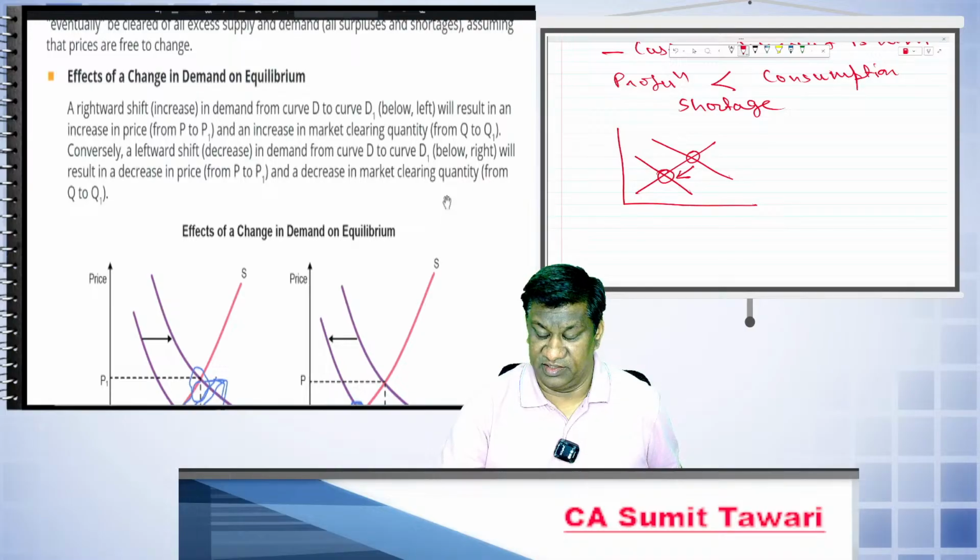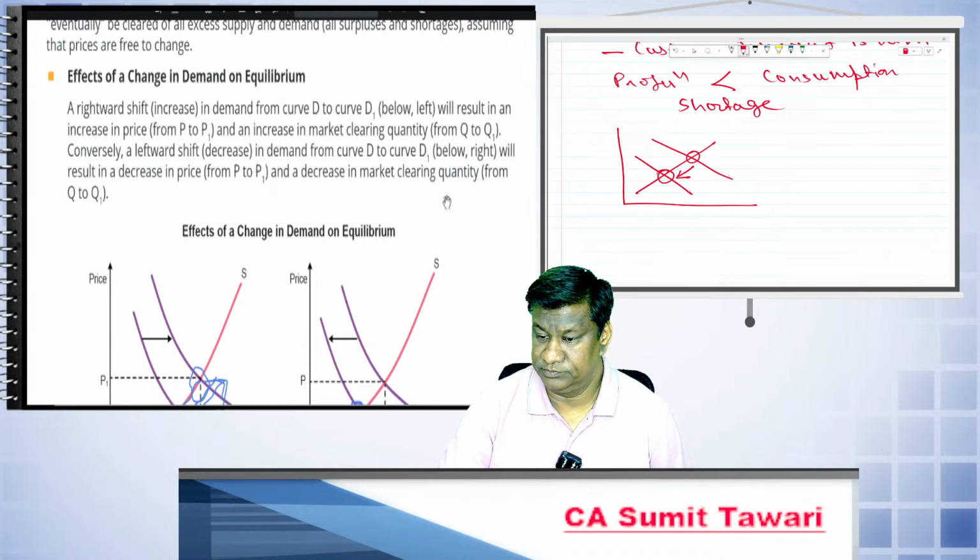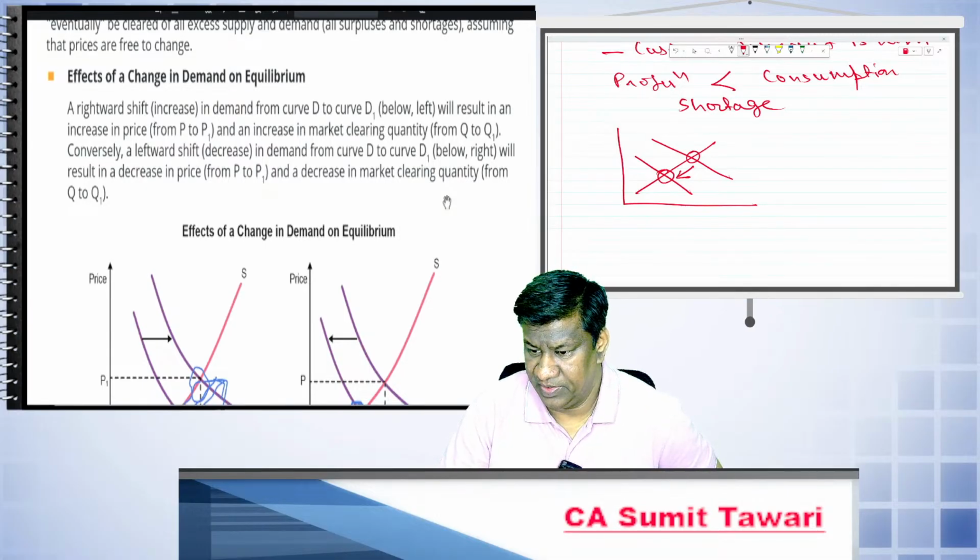The demand gets decreased. Maybe the price is increased, or that is why the change is happening in the demand curve.